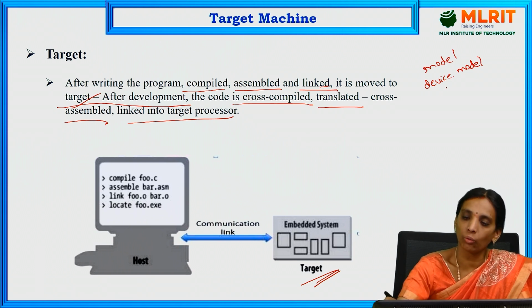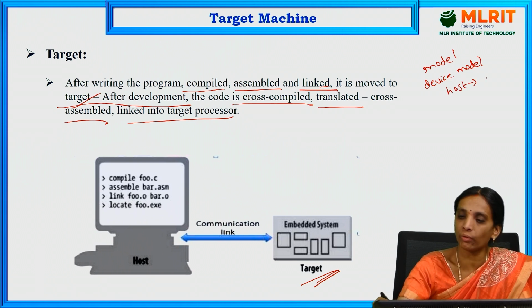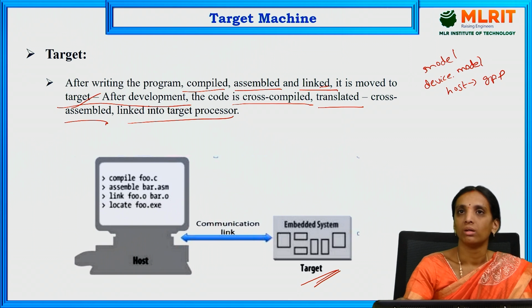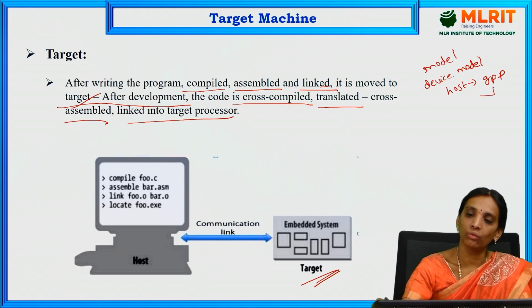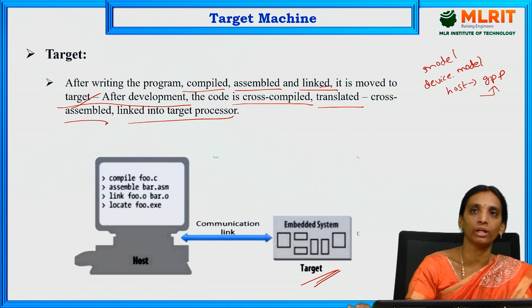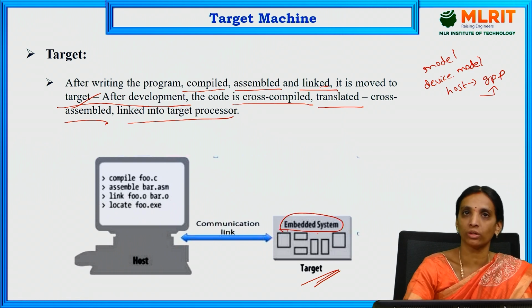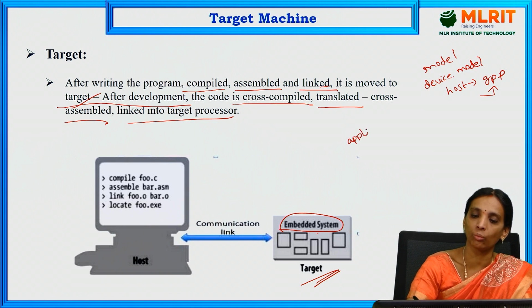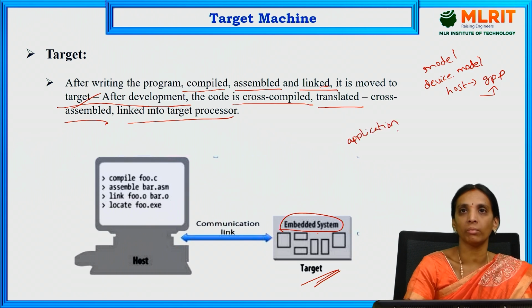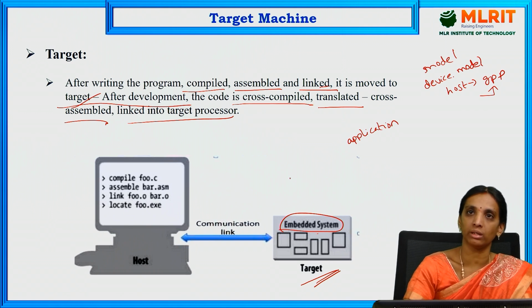Here the host machine is the general purpose processor, so it can execute any program. But the target machine is an embedded processor, so it is suitable for that particular application only. Therefore whatever program is written on our host machine should be compiled for this embedded processor also.